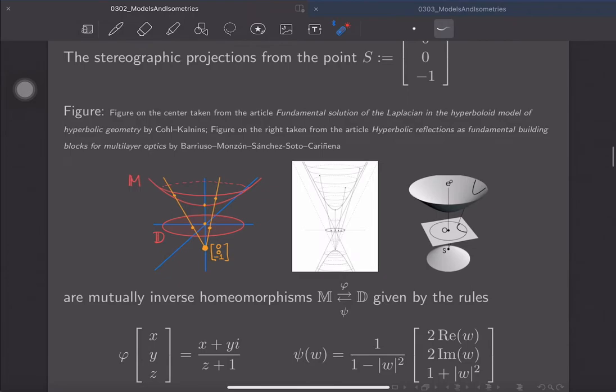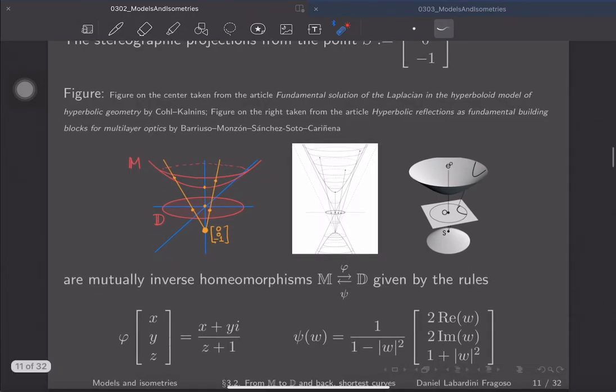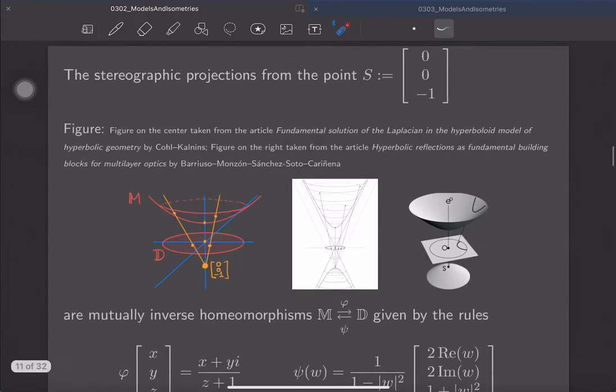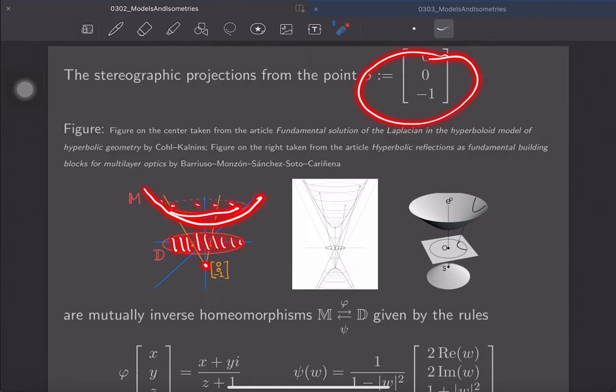To go to the Poincare disk, I use another stereographic projection similar to the one I used between the unit sphere and C bar. But now I'm going to project from the south pole, from (0, 0, -1), and stereographically project between the unit disk and the upper sheet of the hyperboloid.